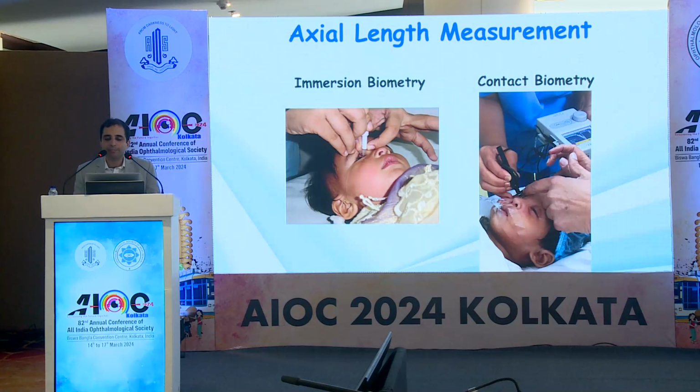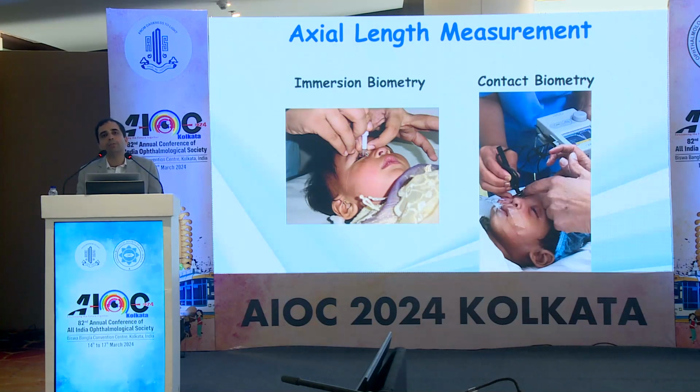It's always a better idea to measure the axial length with immersion biometry because contact can be inaccurate. The major challenge in children would be to get that bulky Prager shell inside the eye, because some of these eyes are very small. So, for example, we've got it customized, got that Prager shell made by a local manufacturer for different smaller sizes as well.